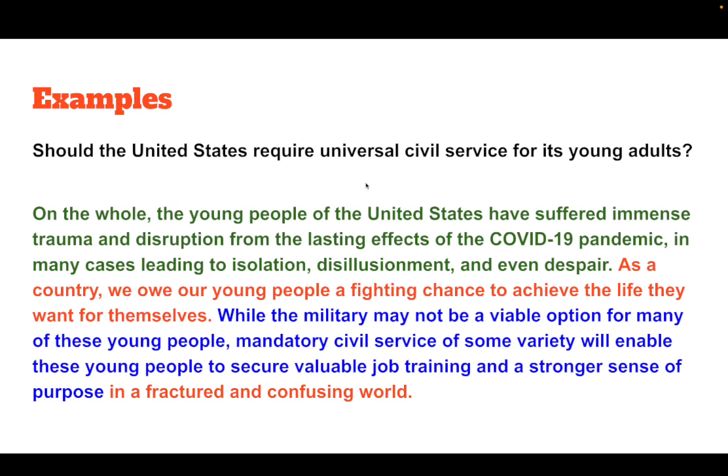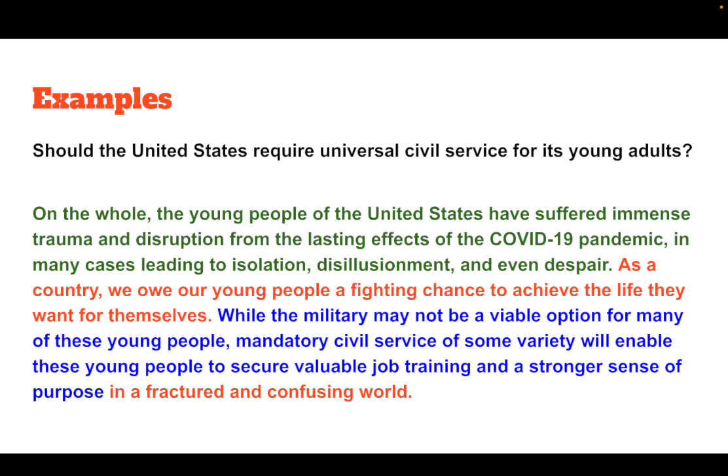Should the United States require universal civil service for its young adults? On the whole, the young people of the United States have suffered immense trauma and disruption from the lasting effects of the COVID-19 pandemic, in many cases leading to isolation, disillusionment, and even despair. As a country, we owe our young people a fighting chance to achieve the life they want for themselves.